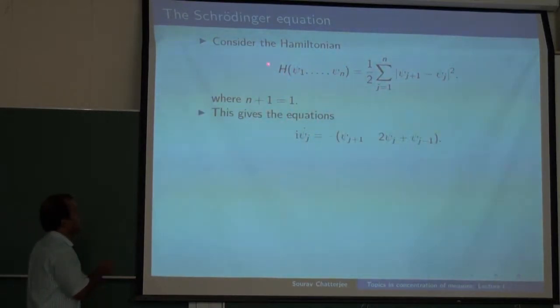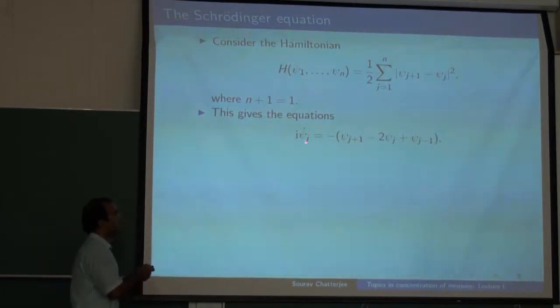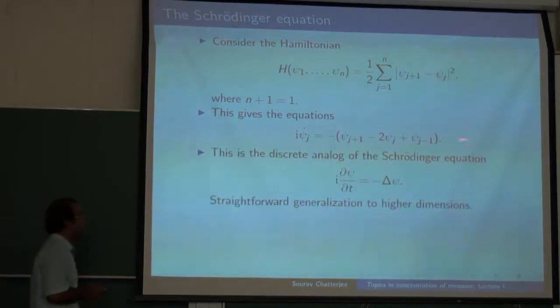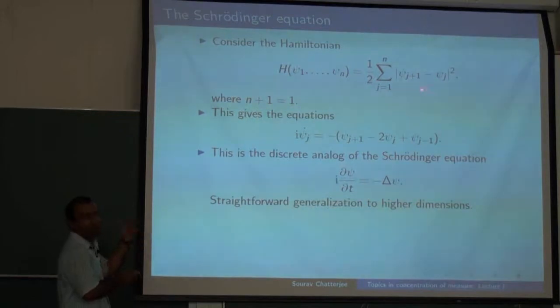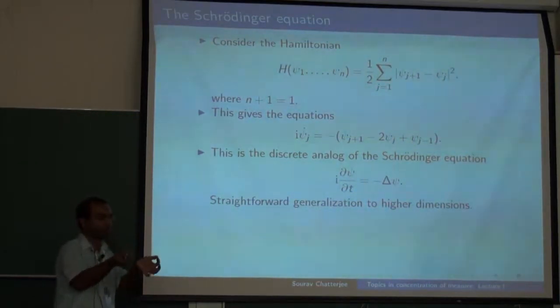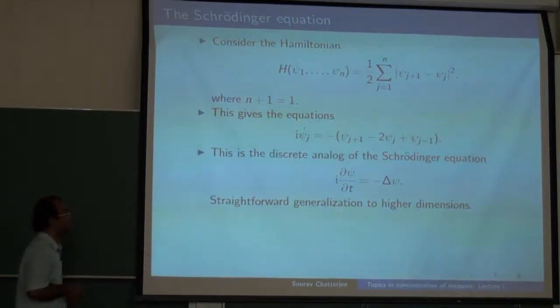If you take this Hamiltonian, then the equations become i times the rate of change of psi j is just minus psi j plus 1 minus twice psi j plus psi j minus 1. So this is something familiar, right? This is the second differential. You take the psi j's and you take the second derivative, and this is what you get. And if you take a scaling limit of this, in some sense, you take a cycle and then you bring the points closer and closer together and increase the number of points.